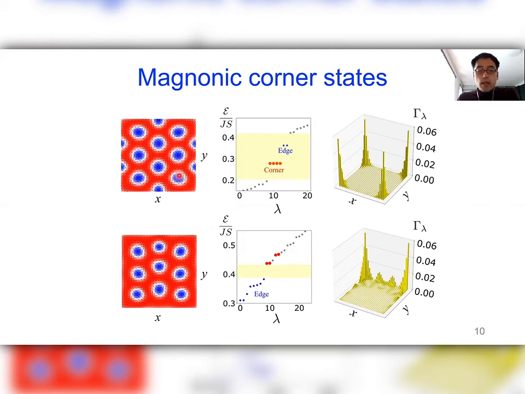On the top panel, I compute the magnon spectrum for the example with fractional antiskyrmions. And we find 4 degenerate in-gap states within this bulk band gap, and they are strongly localized at corners. So they are indeed magnonic corner states protected by that non-trivial bulk quadrupole moment.